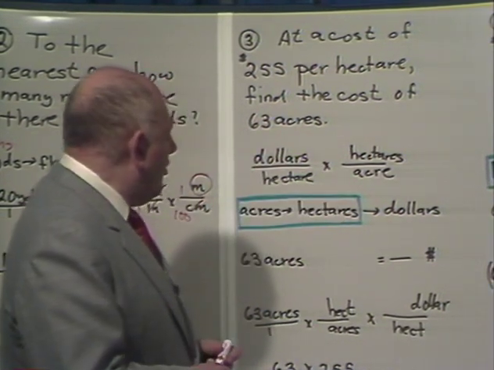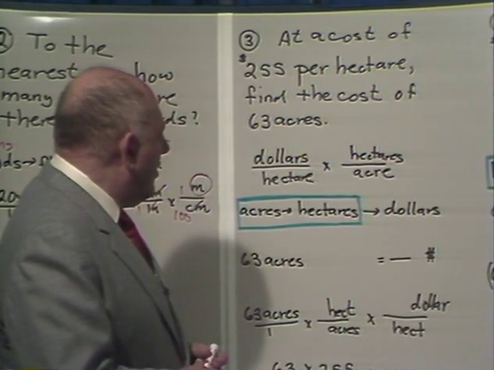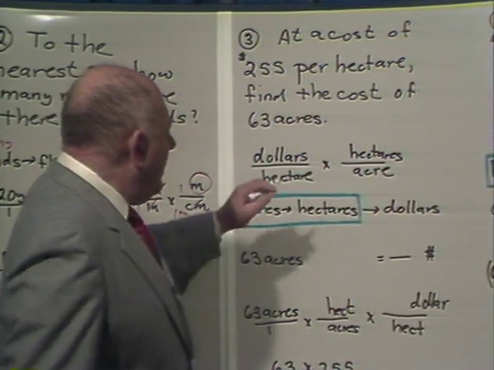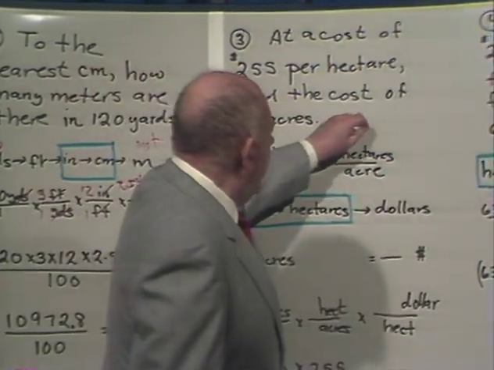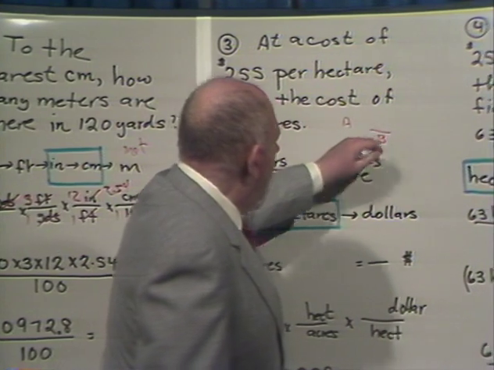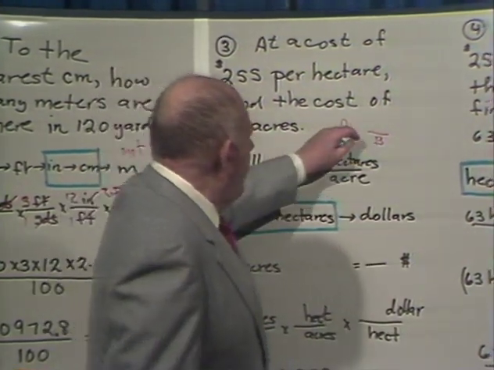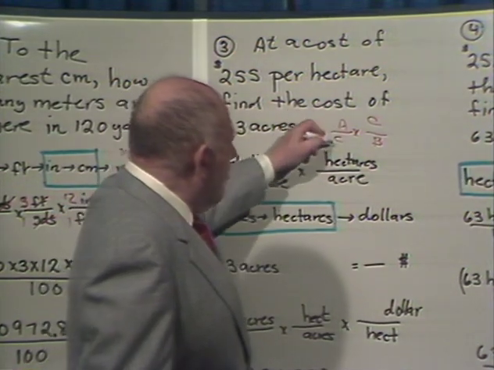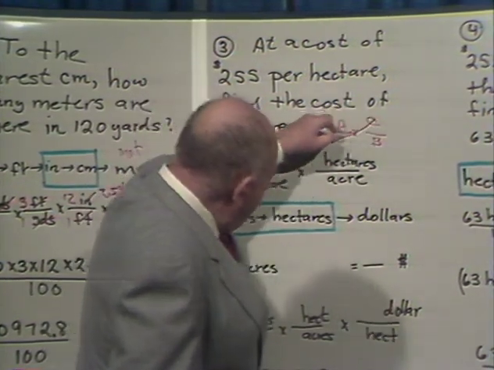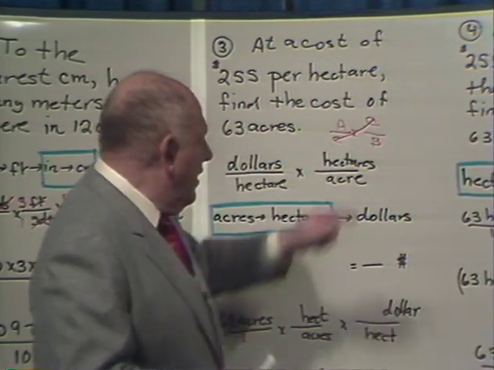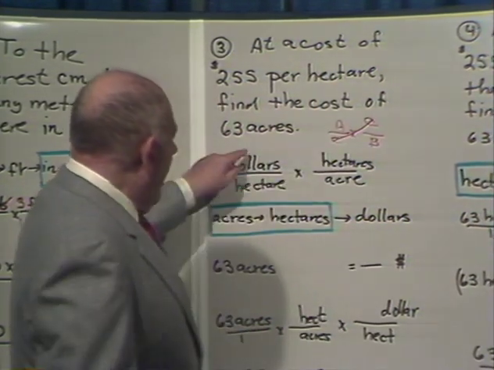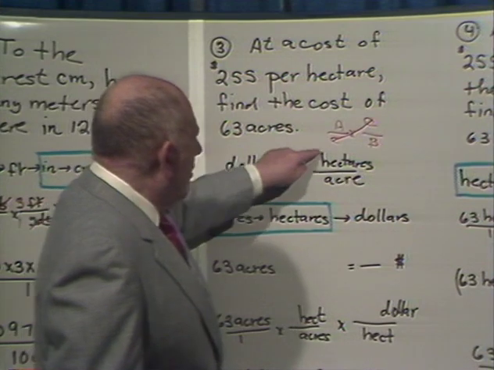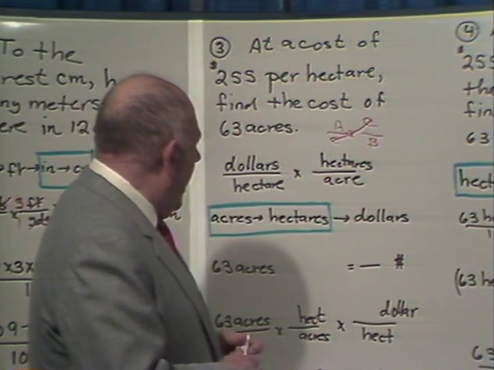And I thought I'd like to show you a nice way that you can do this. See, suppose you're given A's and you want to convert to B's. You can make up any noun you want over here. Call those C's. And A's per C's multiplied by C's per B will give you A's per B. You see, I take dollars per hectare, multiply that by hectares per acre.